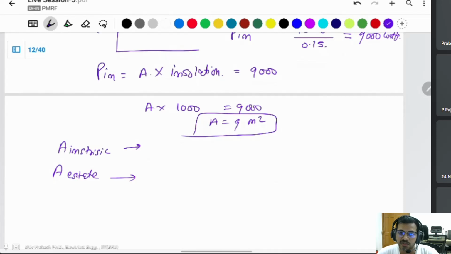Estate area means how much area is there on your rooftop or anywhere the PV panels are placed, with a gap between two panels for cleaning purposes. So there is some gap between them. If you include that area also, then the final area is the estate area. It will be 30% more than the intrinsic area.